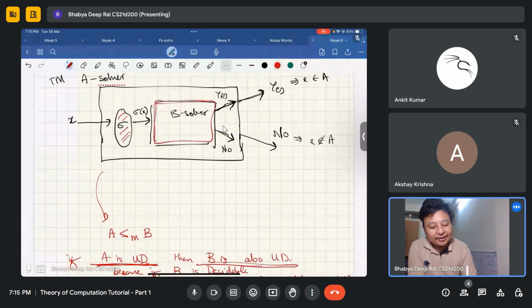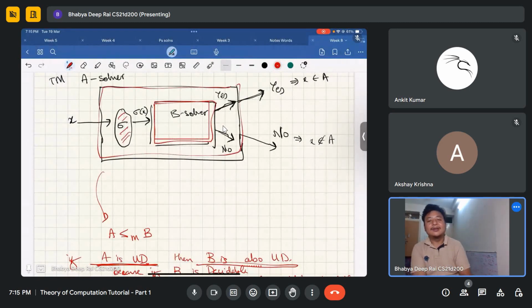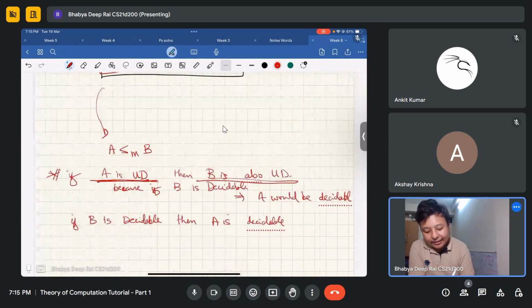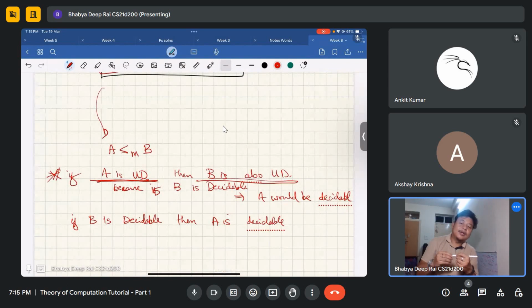And if there is a B solver for it, then we clearly said that this entire box is actually decidable. This entire box halts always, in other words. So the first one is the technique to prove undecidability. You show that an undecidable problem reduces to your problem, therefore your problem is undecidable.